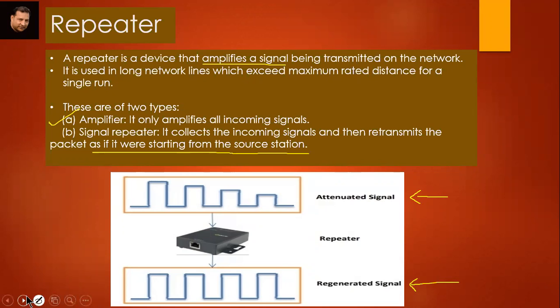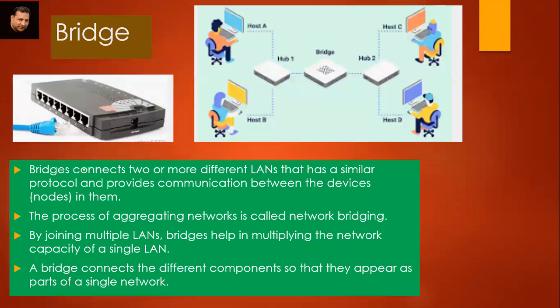Now let us move to the next device, that is bridge. See the image at the top. We have two networks, different local area networks. First is this one having host A and host B. See, this is your LAN 1, and this host C and host D can be considered LAN 2.